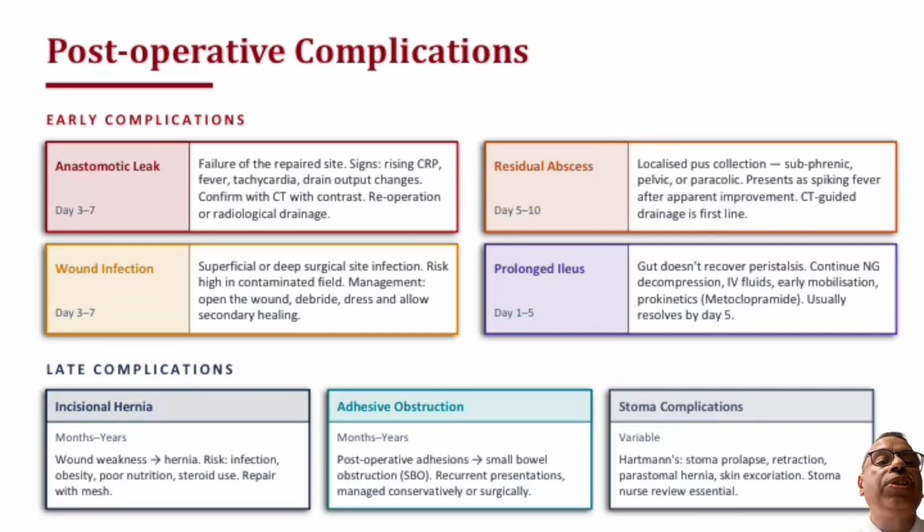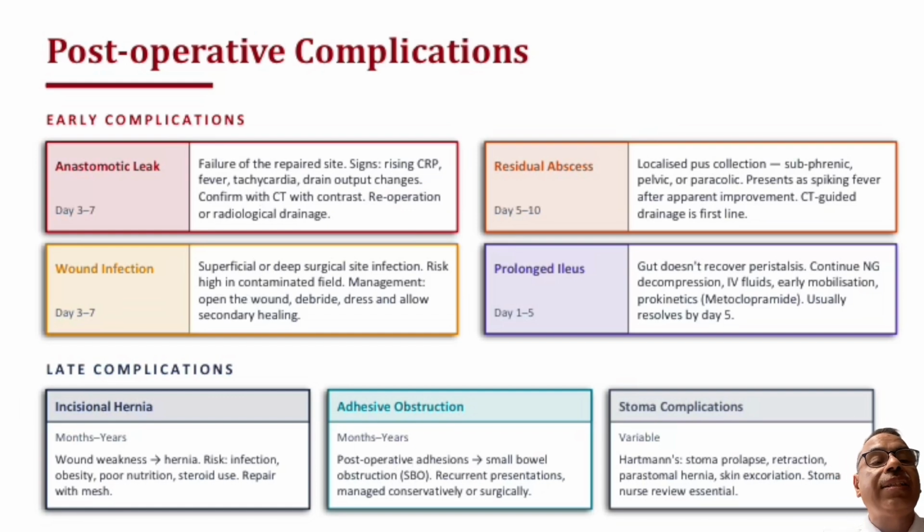It could be a superficial or a deep surgical site infection, and the risk is high, obviously. In such cases, you have to open the wound, remove all the sutures, debride the wound, dress the wound properly and allow secondary healing.